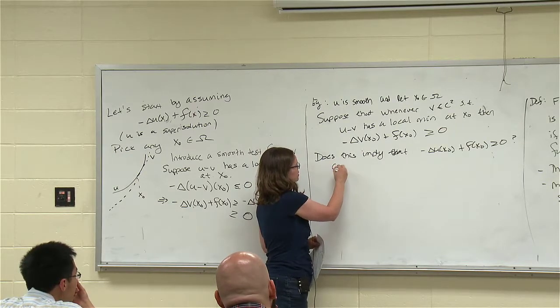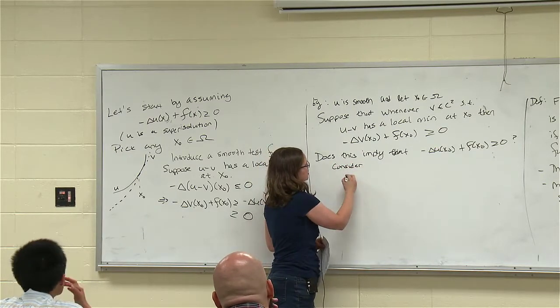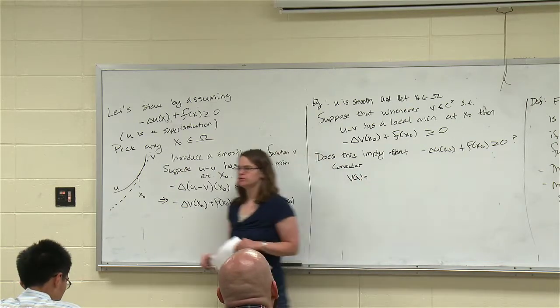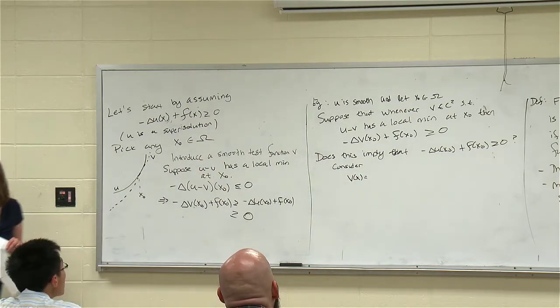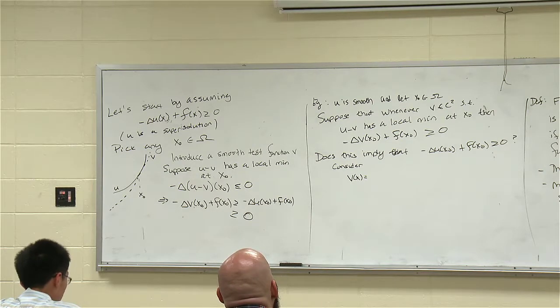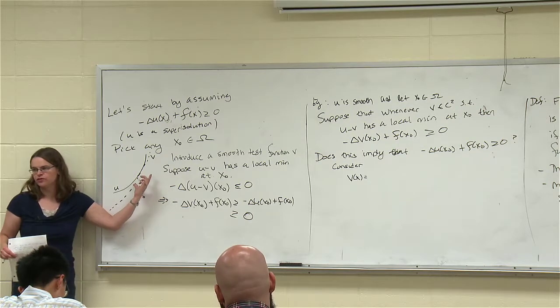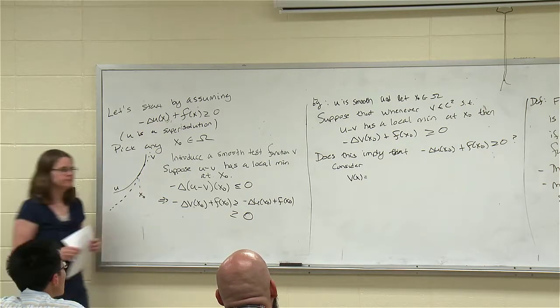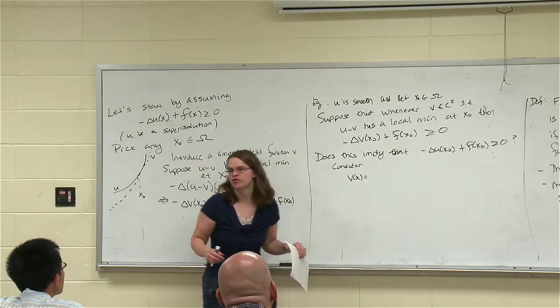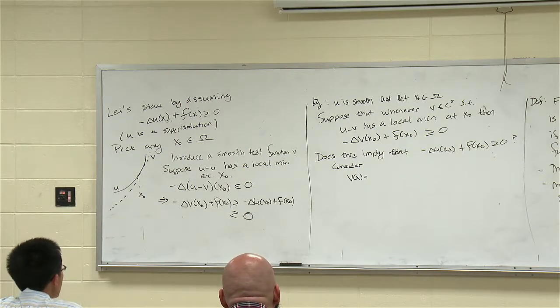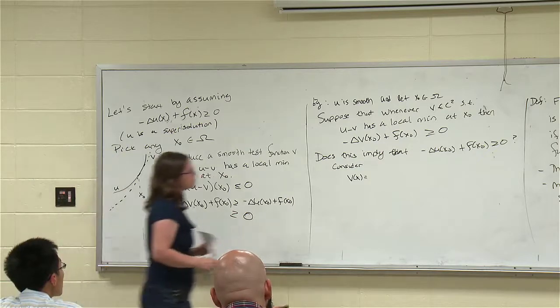Let's consider v to be equal to a simple quadratic function. But I'm going to try to get a quadratic function that hugs this as closely as possible. There's no mystery about how to do that. This is nothing but a Taylor approximation.